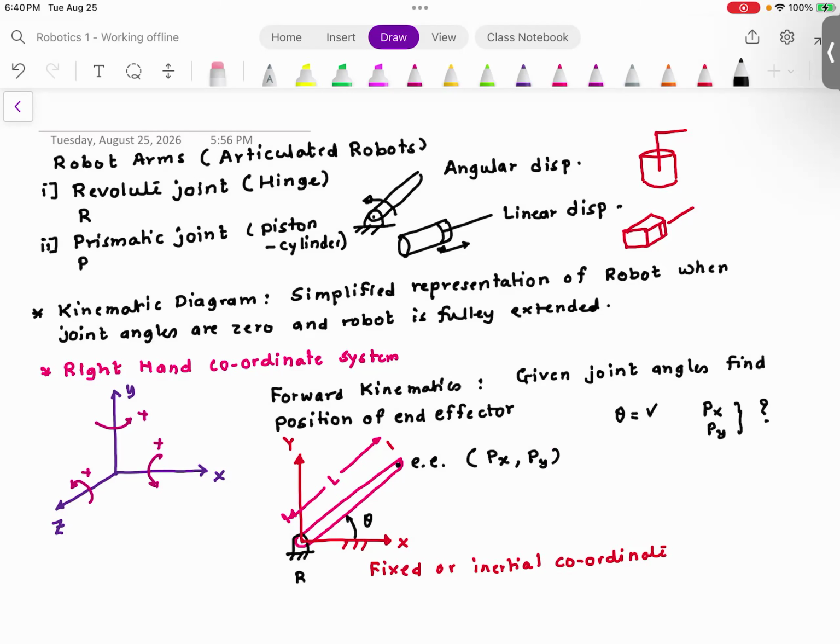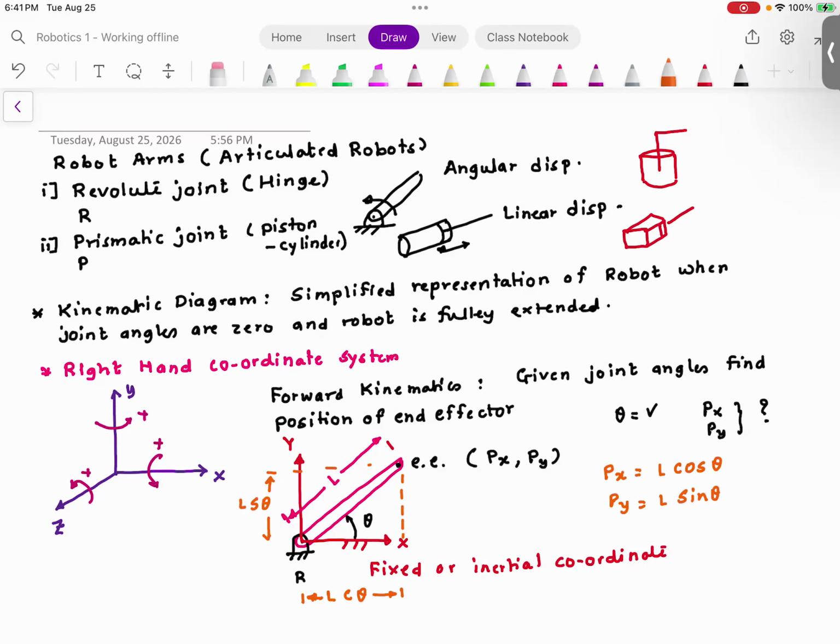Now to solve the forward kinematics problem, this is a single link problem, so it's very easy. I can draw a vertical line and say that this distance is L cosine theta and this distance is L sine theta. So Px is equal to L cosine theta and Py is L sine theta.